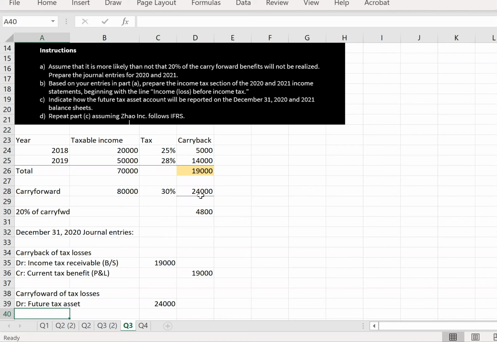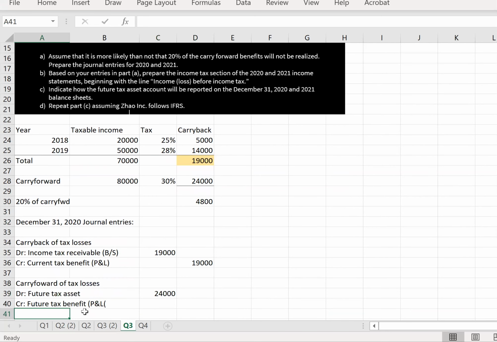And then our credit is going to be to future tax benefit. And this is P&L. So you can see that through our income statement, we're recognizing both the carryback and the carry forward. And then on our balance sheet, we have set up an income tax receivable, and we've also set up a future tax asset.